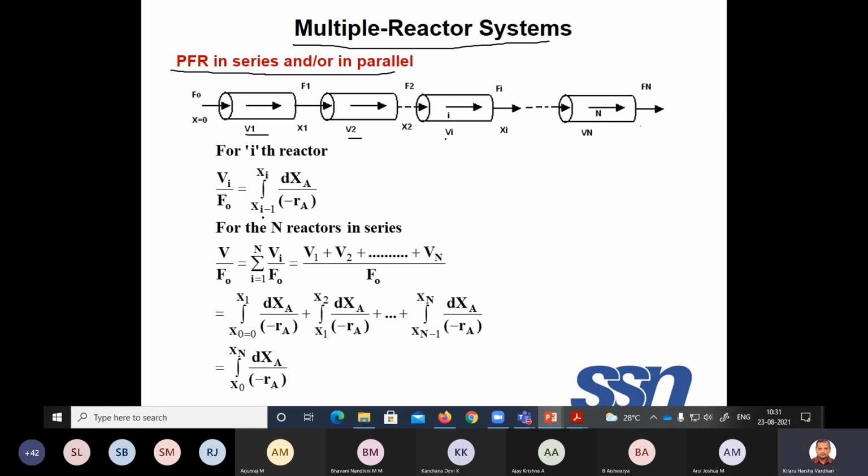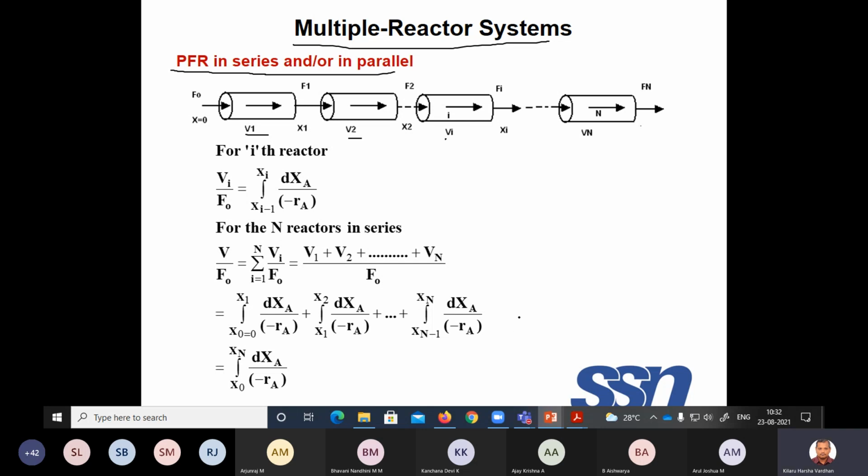If i is equal to n, Xn minus 1 to Xn, dXA by minus rA, right? What will happen to this integral? Integral X0 to X1, here X1 to X2, Xn minus 1 to Xn. Before it, what will it have? Xn minus 2 to Xn minus 1, correct?